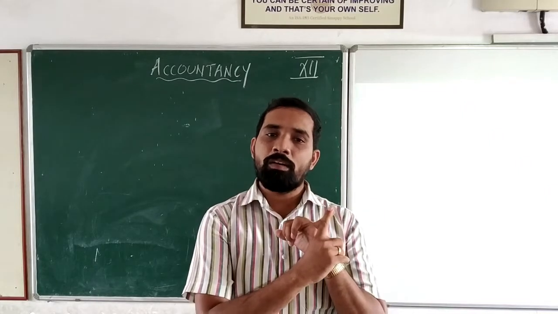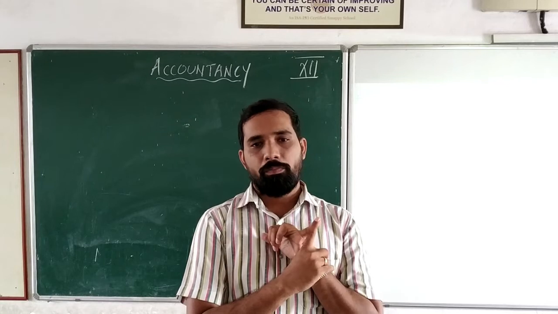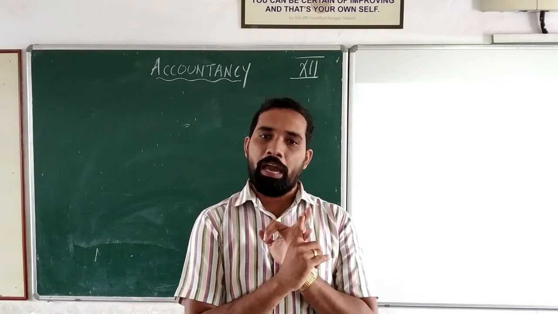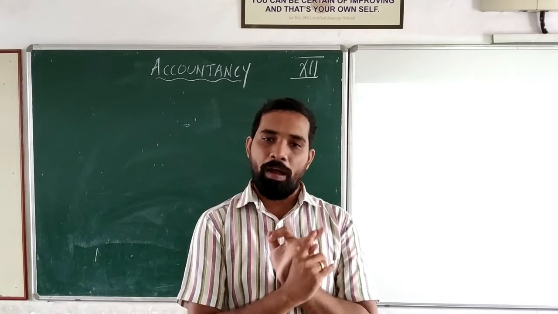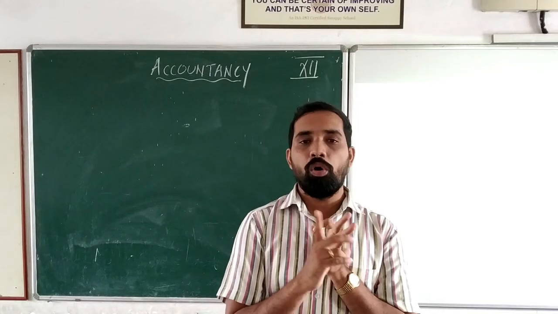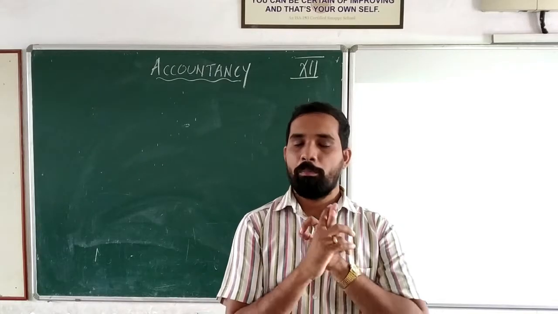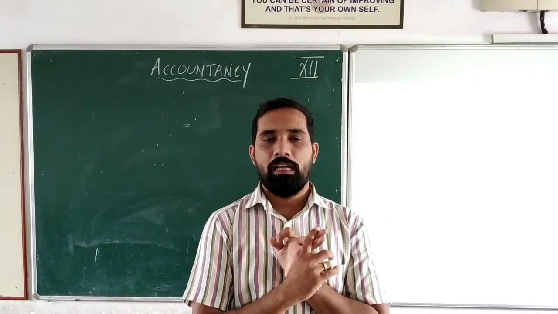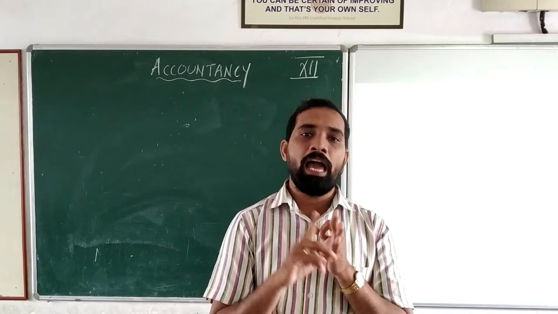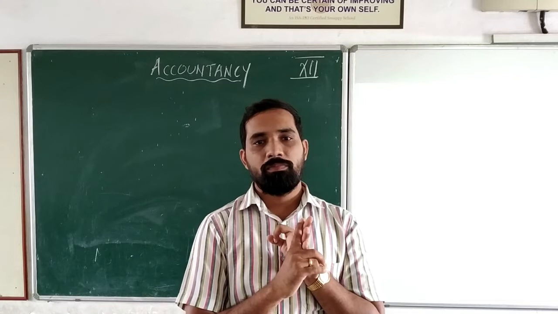Before getting into the new topic, let us have a recap of the previous class. Receipts and payments account is a real account. It contains opening cash balance or bank balance, ending with closing cash balance or bank balance. It shows both revenue items and capital items.